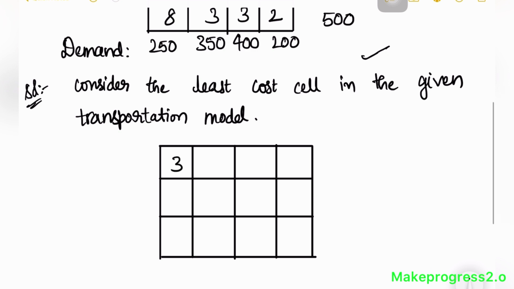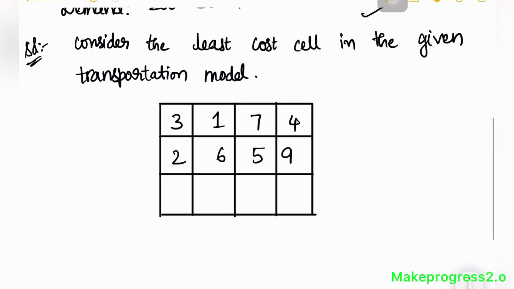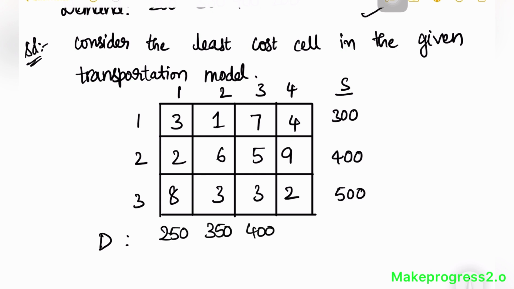So let me write the cell values: 3, 1, 7, 4, 2, 6, 5, 9, 8, 3, 3, 2. Let me number the rows and columns as 1, 2, 3 and 1, 2, 3, 4 respectively. And now the supply given is 300, 400 and 500, and the demand is given as 250, 350, 400 and 200.